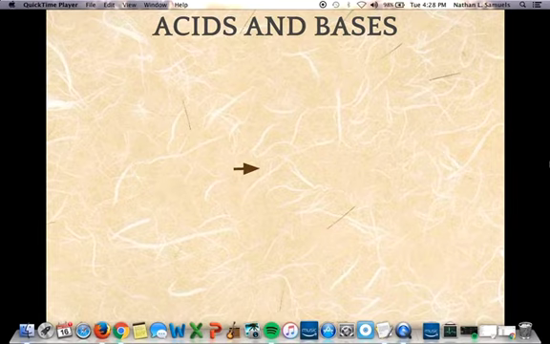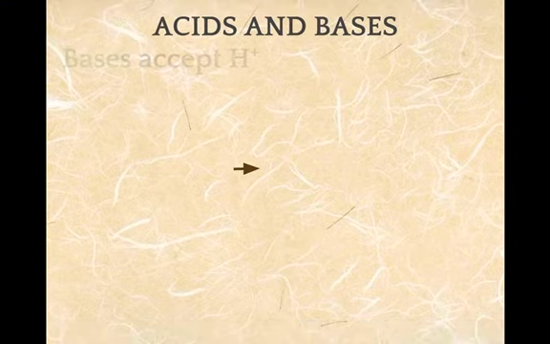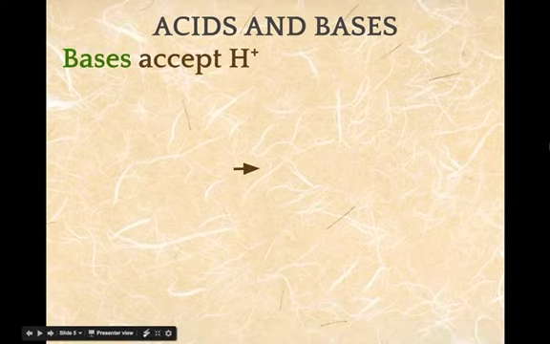So we learned properties of acids and properties of bases, but we need to make sure we understand what makes them different chemically. We learned that acids create H3O plus hydronium ions when dissolved in water because they donate hydrogens. They have hydrogens to give. Bases are the opposite. Bases accept hydrogen.